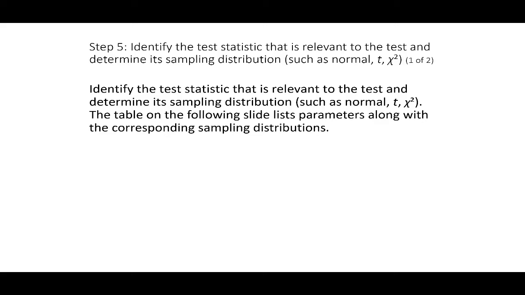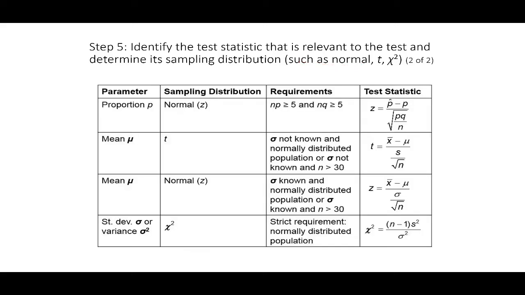And now, based on the problem we have been given, we have to find the test statistic, like a z-score, t-score, or chi-square score. It depends on what type of problem we have been given. For example, if we are given a proportion, then we use the normal sampling distribution and we find the z value. This is our test statistic.